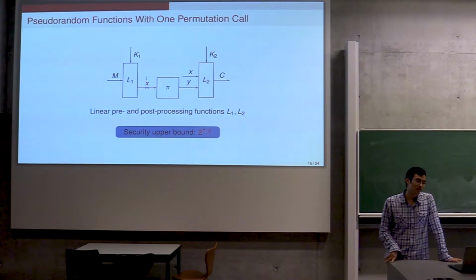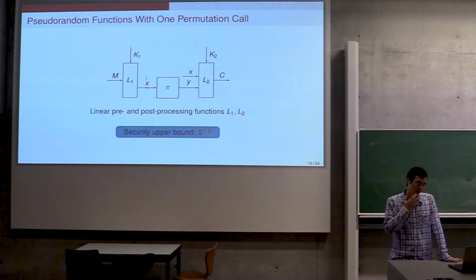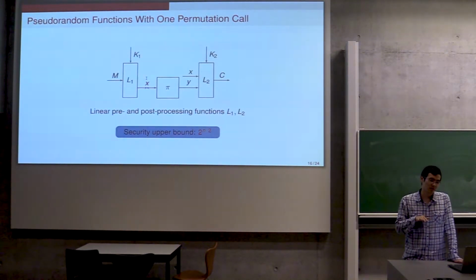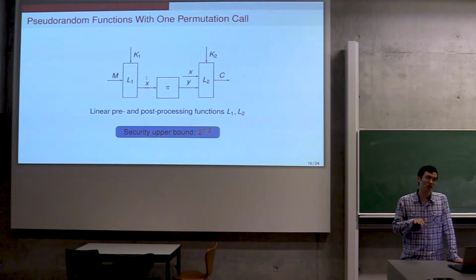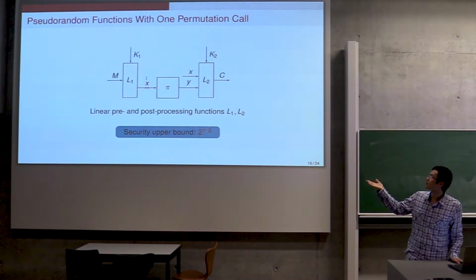In our paper, we propose different variants of the linear processing function and derive attacks in the birthday bounds or even faster to break all the variants. Here we are only going to discuss the most general case.